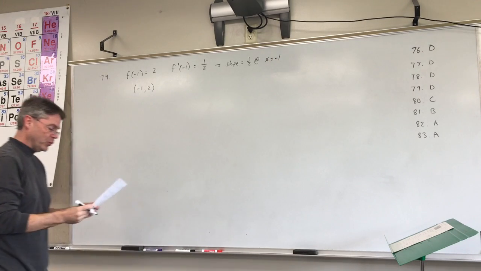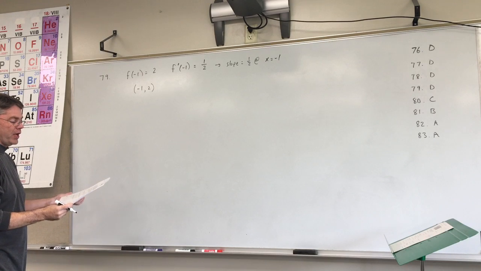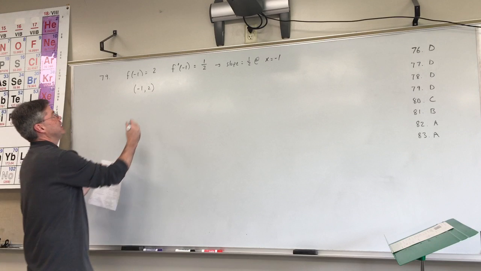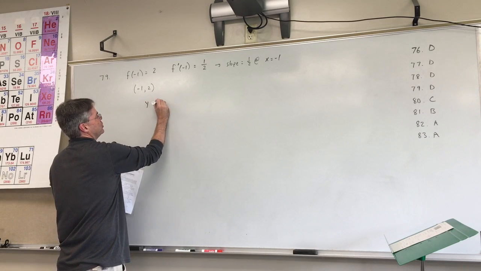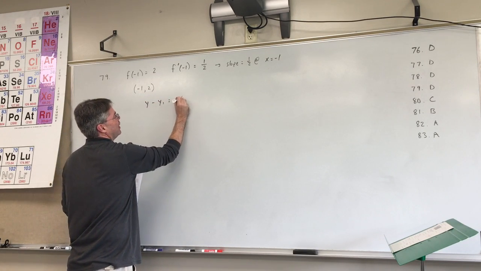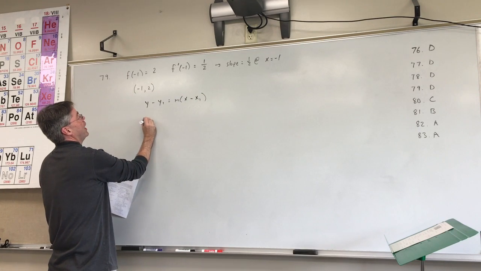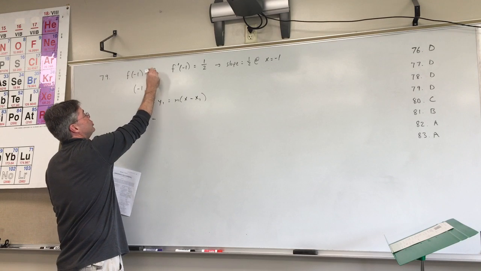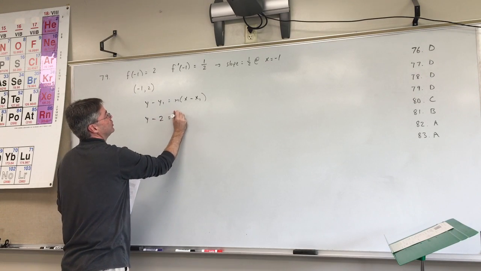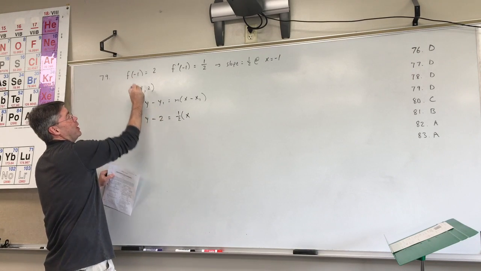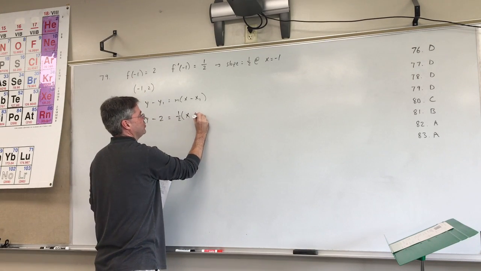So we want to use the tangent line equation to find the approximate value of f of -1.1. So let's get the tangent line equation. It's y minus y1 equals the slope times x minus x1. So that's y minus 2 equals 1/2 times x minus -1. X minus -1 will be x plus 1.